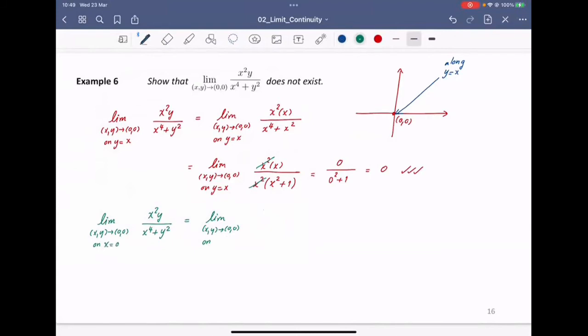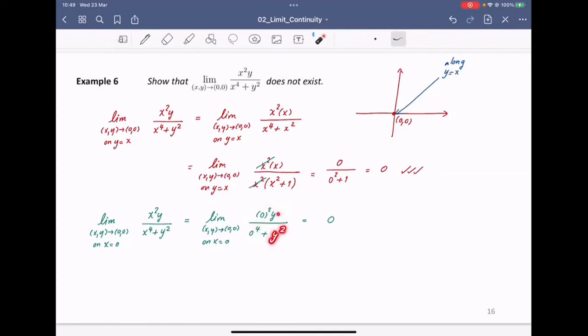The problem is if you choose x equal to 0 here, you can plug in x equal to 0 now. 0 squared times y over 0 to the fourth power plus y squared. It's 0 as well. You see that on the top one, you get numerator 0. The bottom one, you get 0 to the fourth plus y squared, which is still y squared.